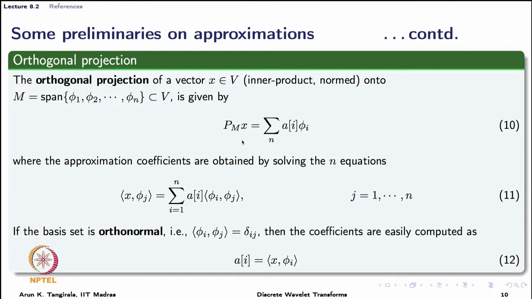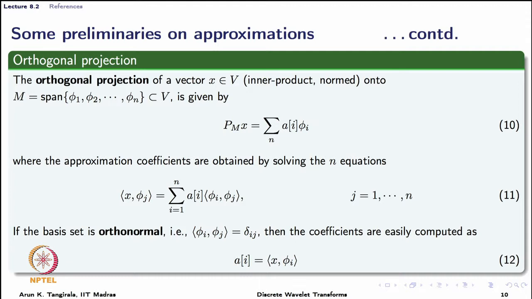So, P subscript M of x always denotes the orthogonal projection of x onto the subspace M, which is spanned by the basis functions phi. So, this is nothing but x hat actually.